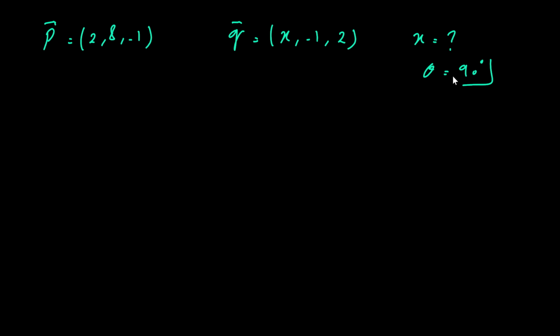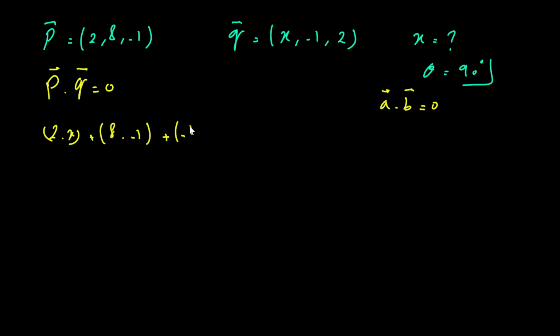As we said before, in order to have the angle 90, A dot B should give us a value of 0. So P dot Q should give us a value of 0. Let's do the dot product and put it equal to 0. That means 2 multiplied by x plus 8 multiplied by negative 1 plus negative 1 multiplied by 2 should be equal to 0.